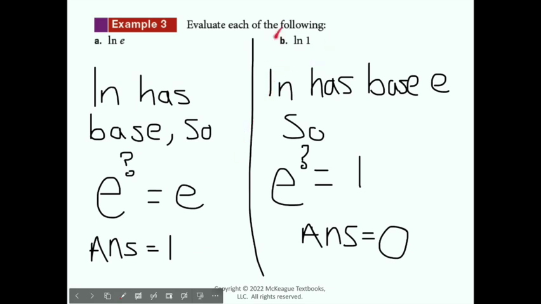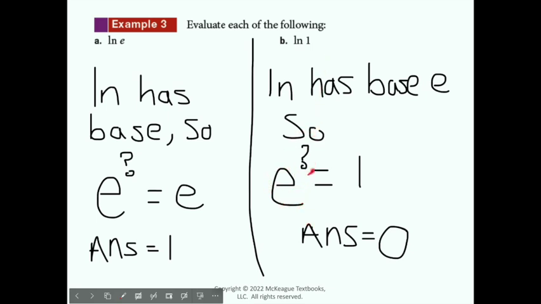Now, here's another special case, and this holds true for logarithms with any base. This is asking us to evaluate, which means find the exponent, because this is log, what my exponent would be if I take my base e, raise it to that exponent, and get out 1. So here's my base e.